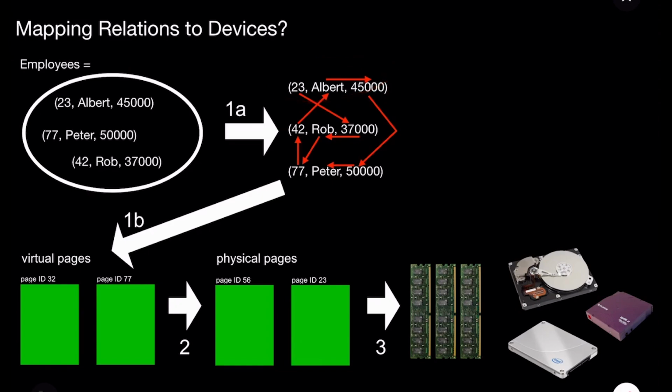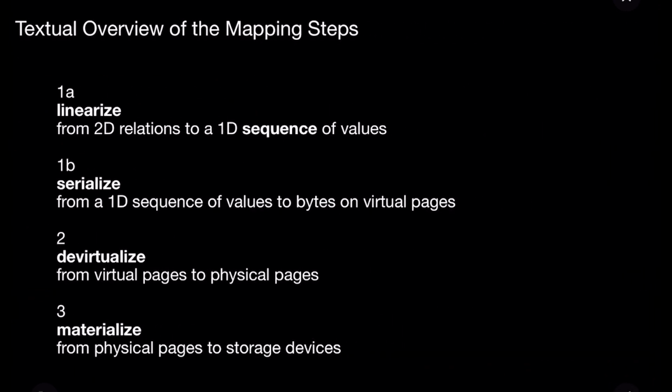Then again, this data has to be mapped to bytes. Whatever UTF string, I use this representation on the byte level to map it. The 77 might be a 4-byte integer or 2-byte integer, and then I use a certain byte representation to write it out to my virtual pages. Those are 2 different mapping steps, and we will look in particular at the 1a mapping step.